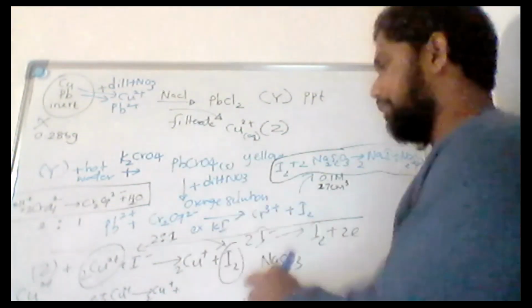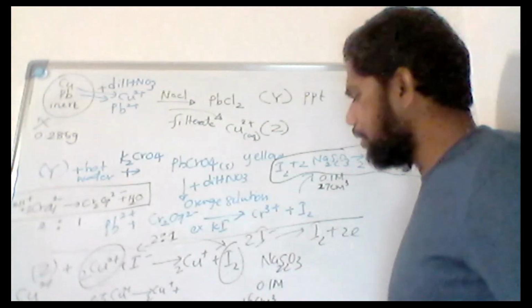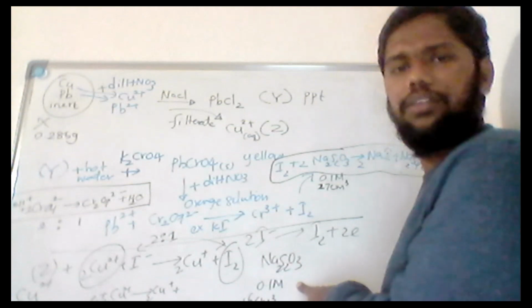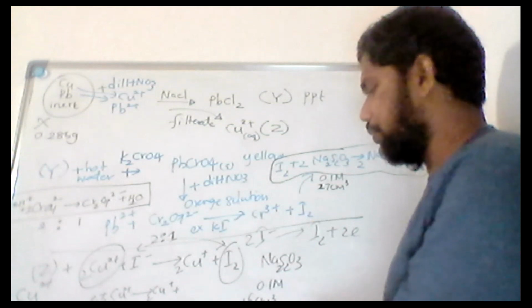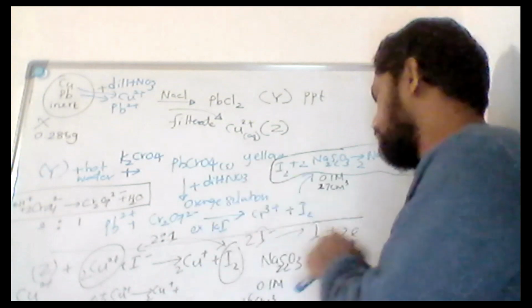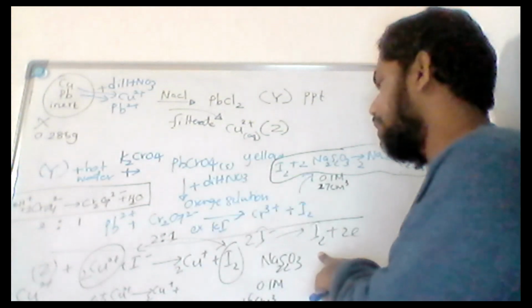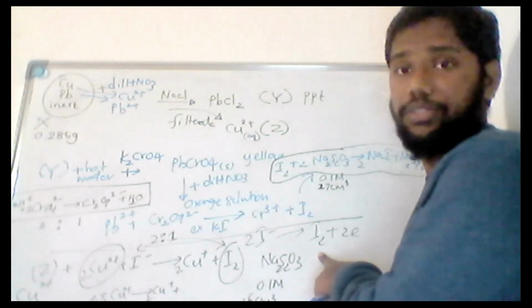Okay, so first we will check how to calculate the mass of copper. You have the amount of sodium thiosulfate that is consumed, that is 0.1 M, 15 into 10 to the power minus 3, if you find the number of moles. From this, you can find the amount of copper 2 plus present in the solution.